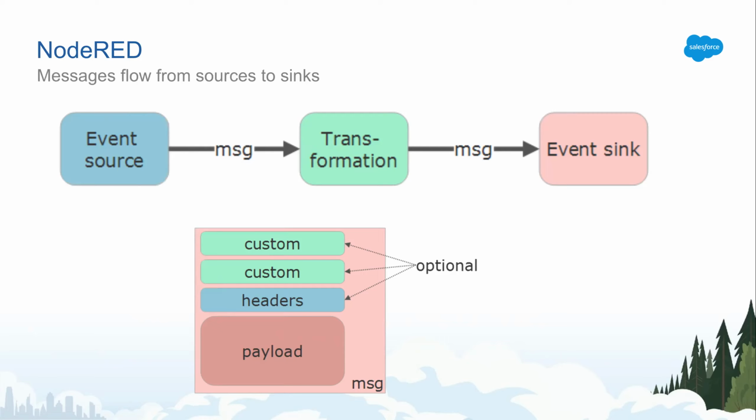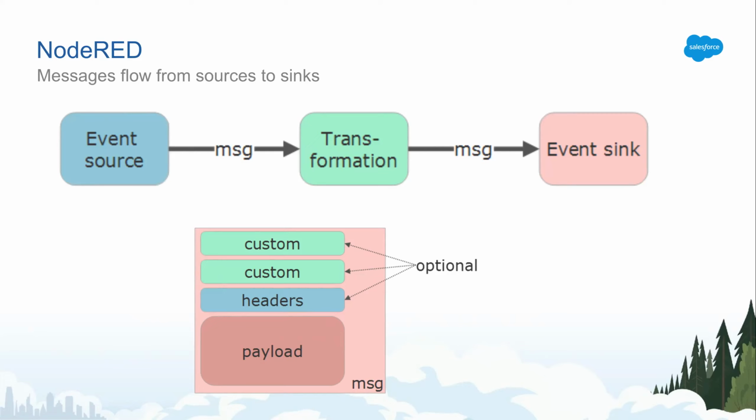You can think of this as basically a JSON payload. It can transform things and then carry the message on until it ends in an event sink. Event source, event sink. The source could be a form, a sink could be a database. We will see that in detail.